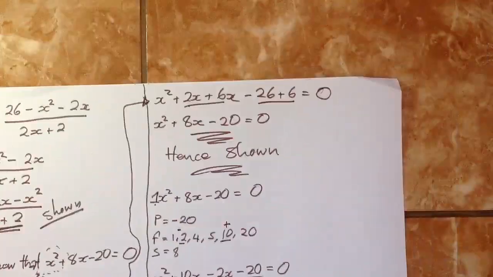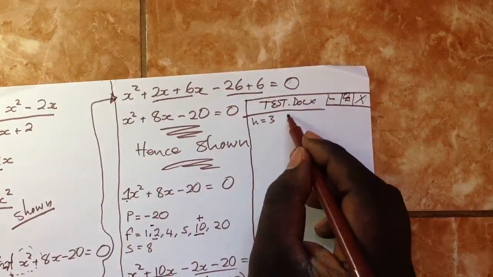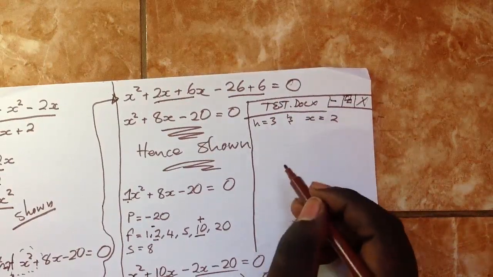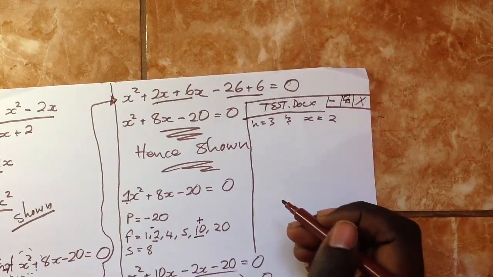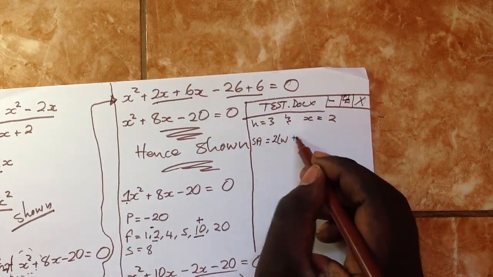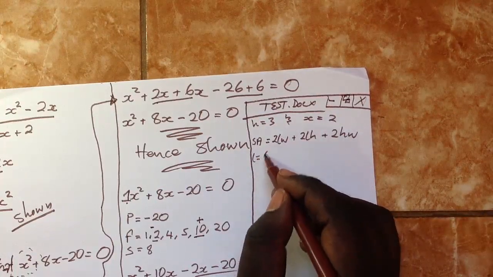Let's just open a new window. We know that h is 3 and we found the value of x as 2. And we know the formula for finding the surface area. So let's just see if using this formula we'll get the same answer that the question gave us as the surface area. So we know the length was x plus 2 and x is 2.